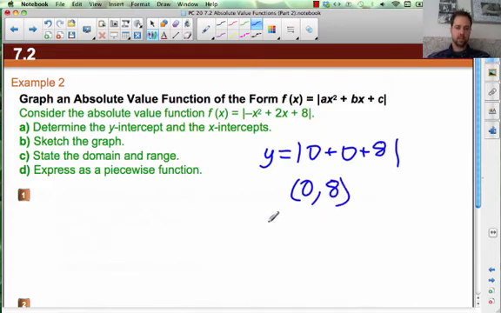Now your x-intercept is going to be when y equals 0. So set y equal to 0, and then factor this statement. So this is the negative of x squared minus 2x minus 8. So your numbers are going to be minus 4 and positive 2.